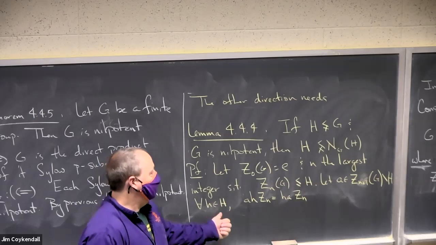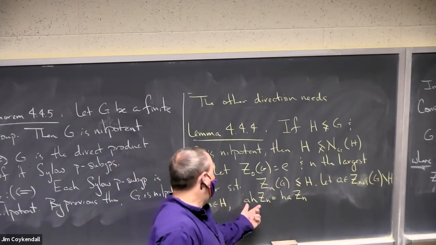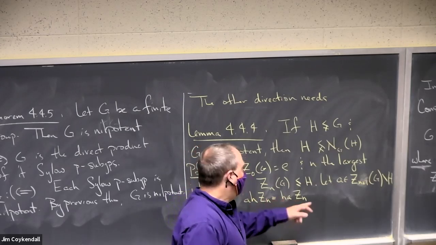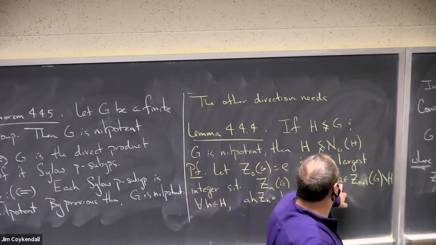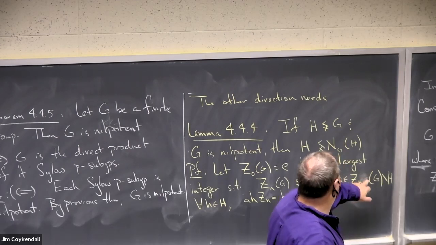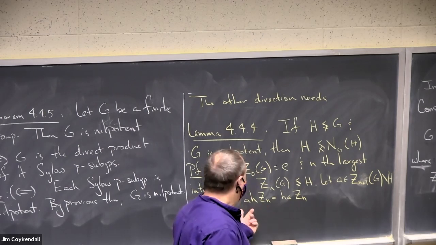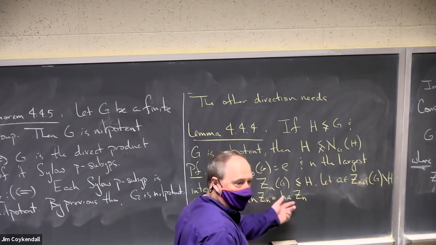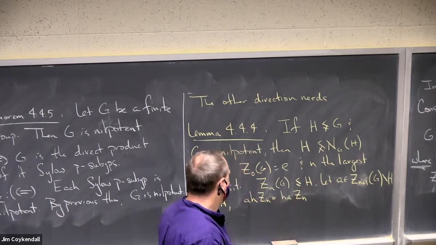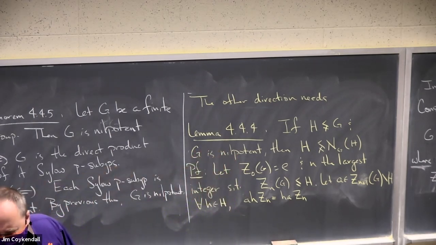That's because a is in the preimage of the center of the previous quotient. The coset aZ_n is in the center, and so aZ_n commutes with this for sure. So what does that mean if you take apart this coset?